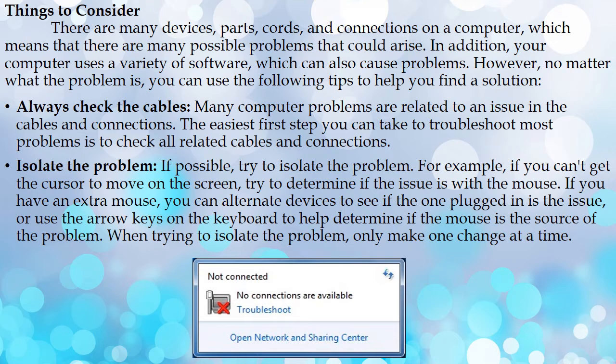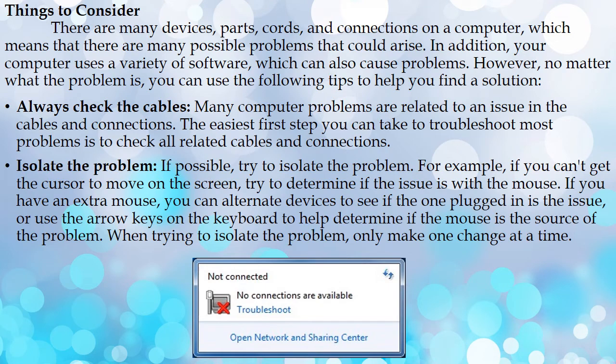However, no matter what the problem is, you can use the following tips to help you find a solution. Always check the cables. Many computer problems are related to an issue with the cables and connections. The easiest first step you can take to troubleshoot most problems is to check all related cables and connections.